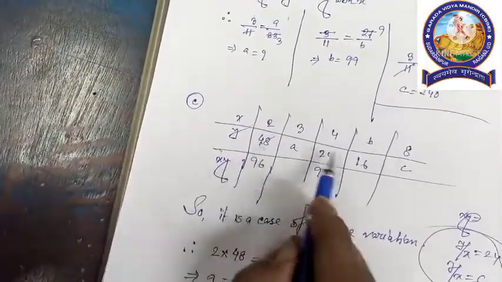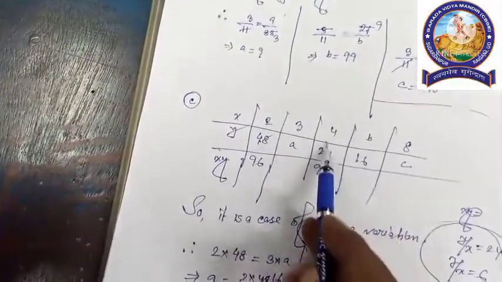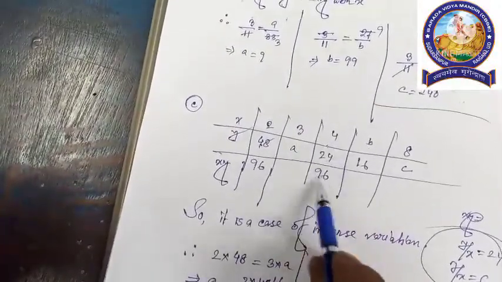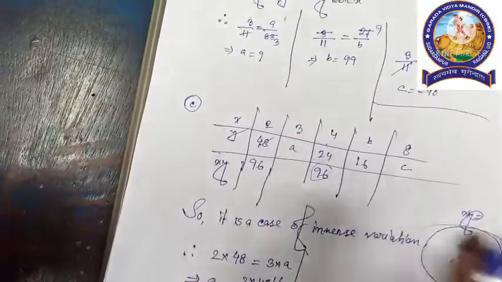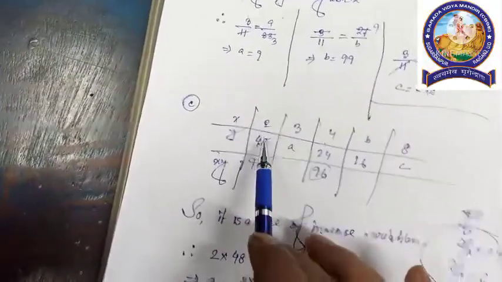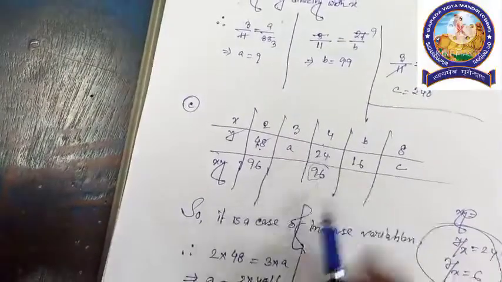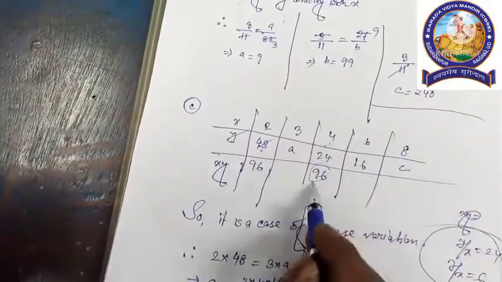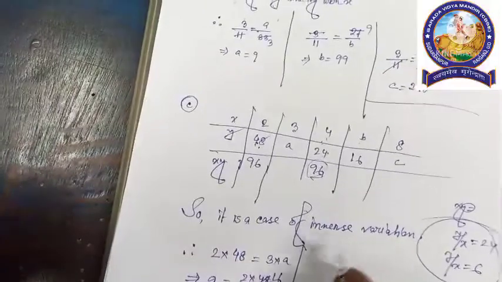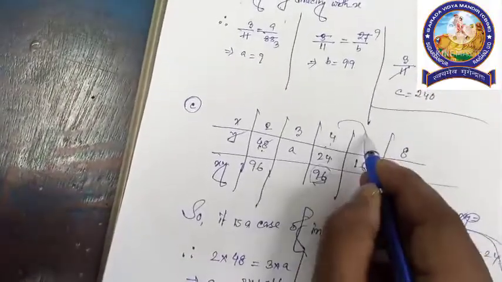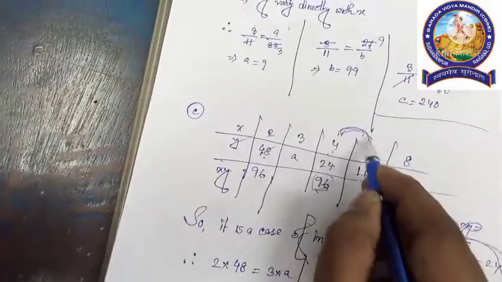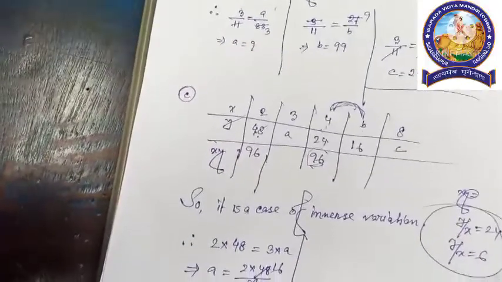Similarly, if you take this product, then also 96, there is no problem. You can take this product or this product. Okay, no problem. If you take this product, then also 96 will come. The answer will also be the same.